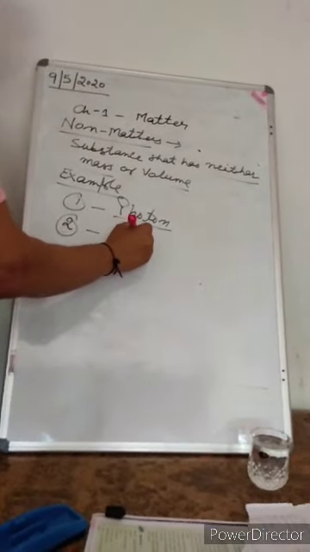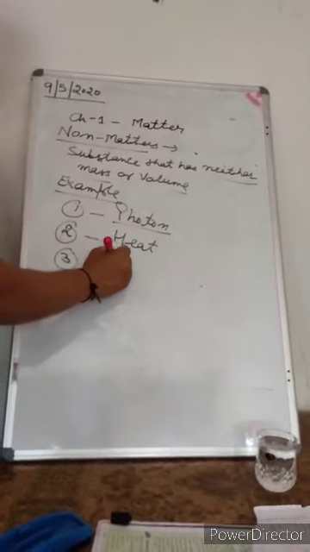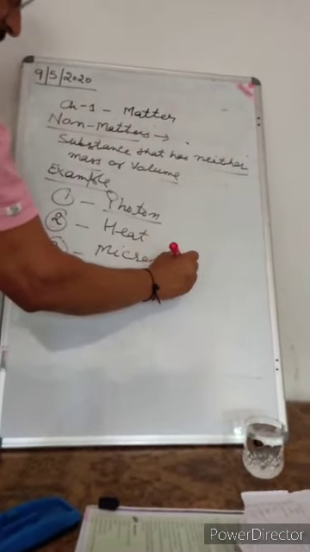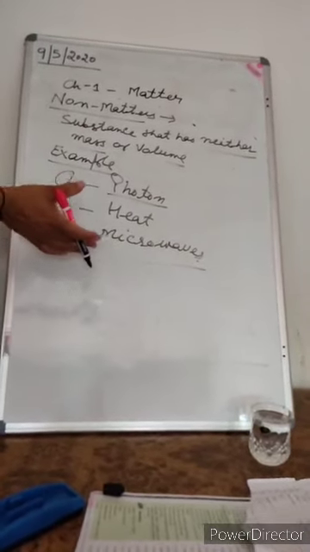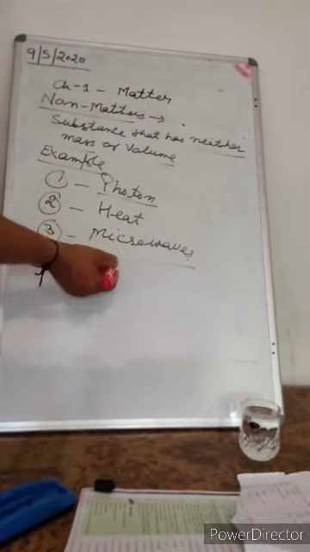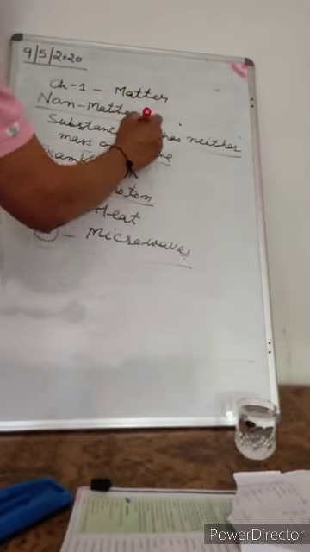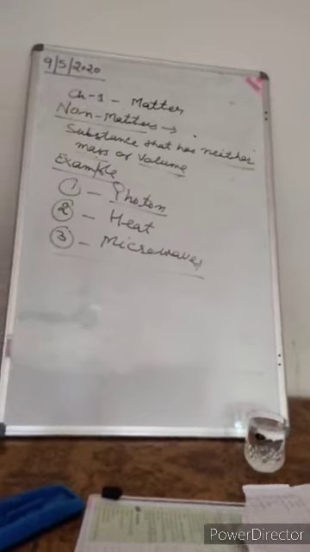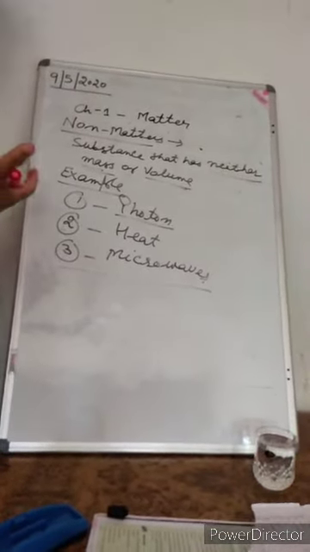Then heat, and then microwaves. So students, there are so many examples. Now I have given only three, that is photon, heat and microwaves. It means that these are non-matter. These do not have mass and volume. So now we can differentiate between the matters and non-matters.